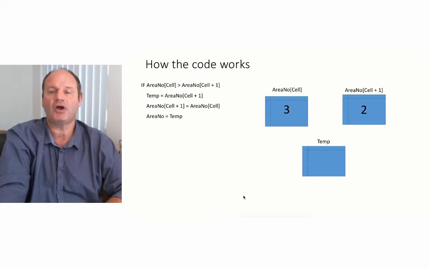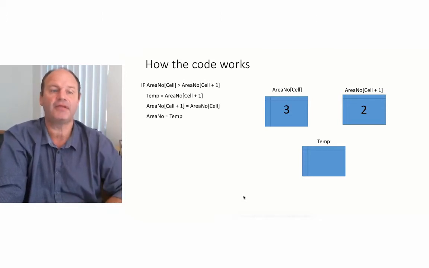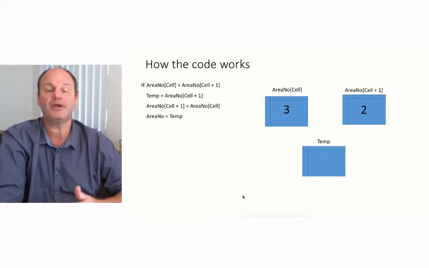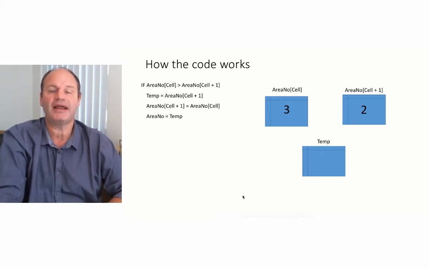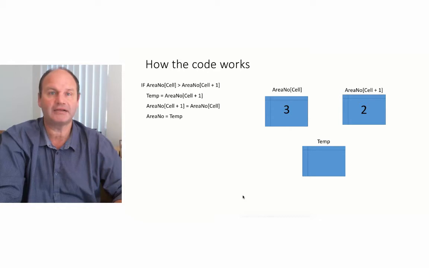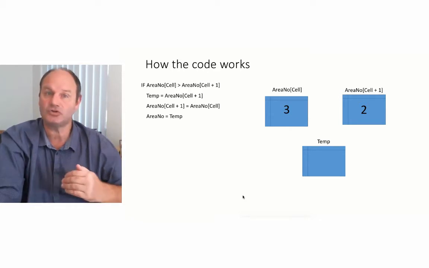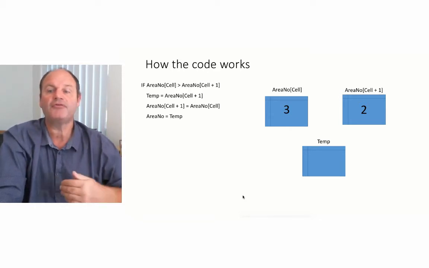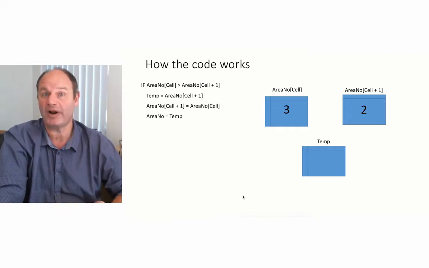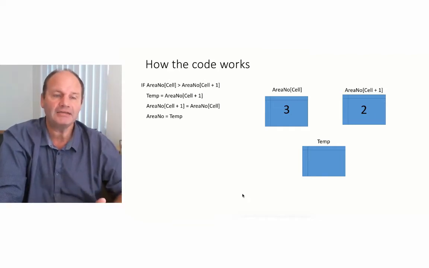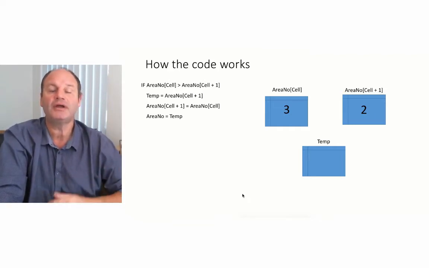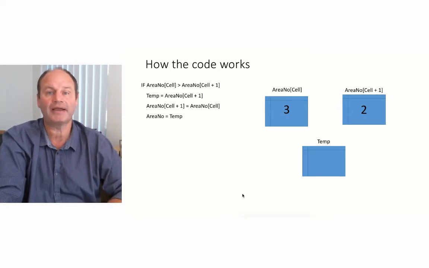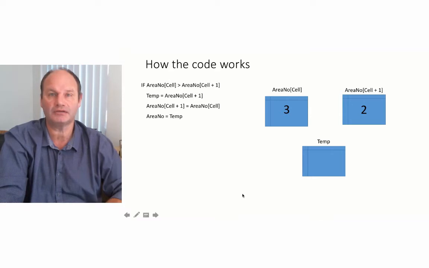In the first line of code, we see that if the area number, square bracket cell, value is greater than area number, square bracket cell plus 1, is true, then the remaining code is going to be used or executed. Let's see what the next line of code, temp equals area number, square bracket cell plus 1, does.